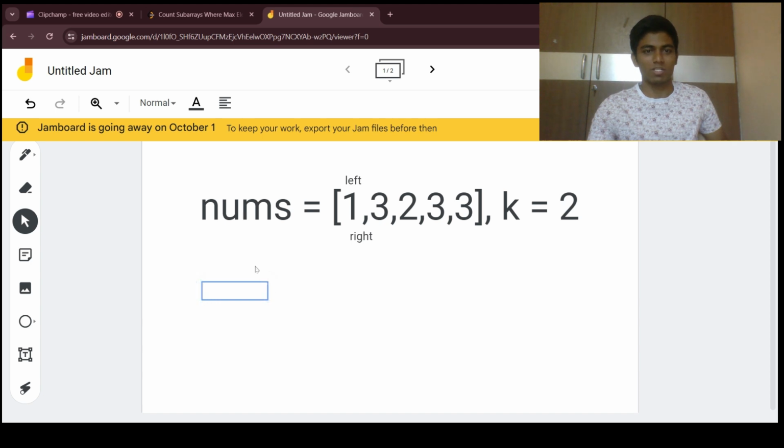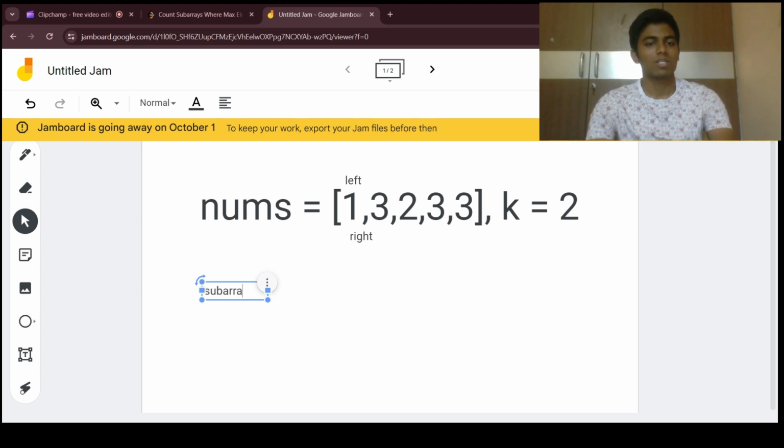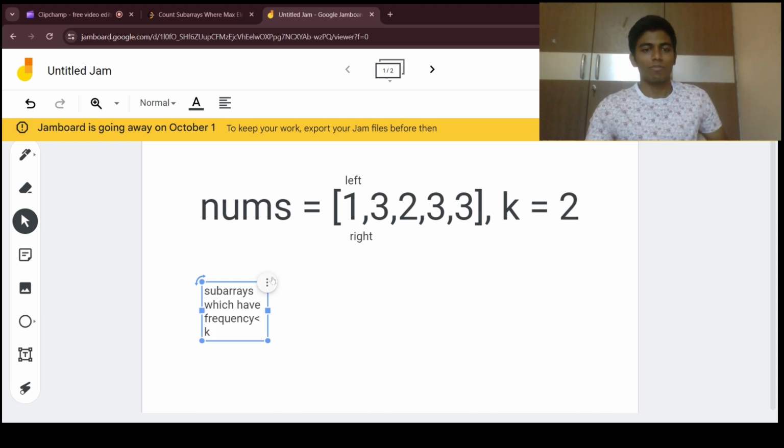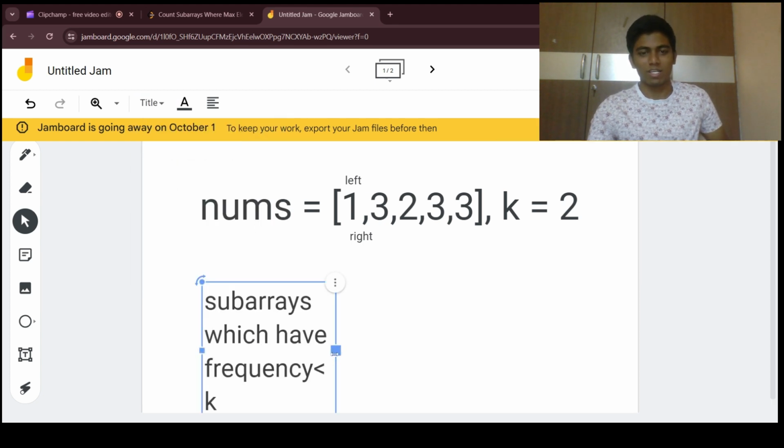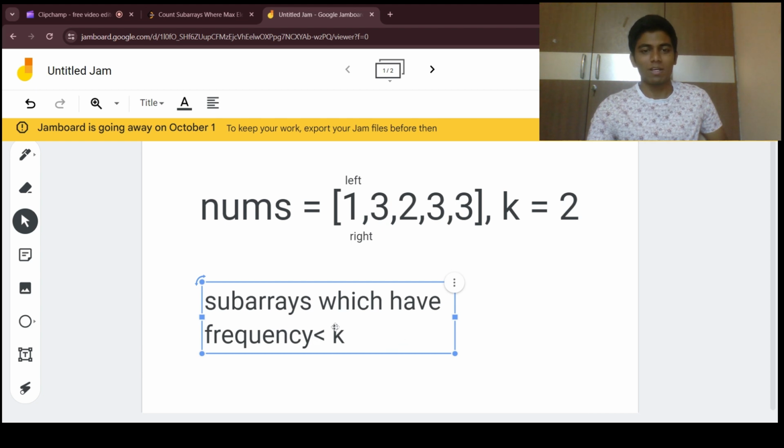Suppose I take this particular example. Now I'm going to consider a left and a right pointer and k equal to 2. The strategy is, instead of calculating at least k, we'll calculate all the subarrays which have frequency less than k for the maximum element, and that is going to be our answer for the smaller part.